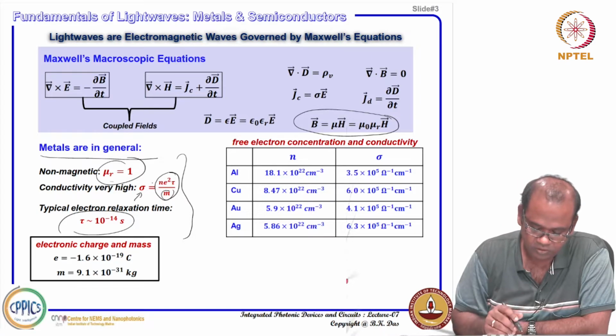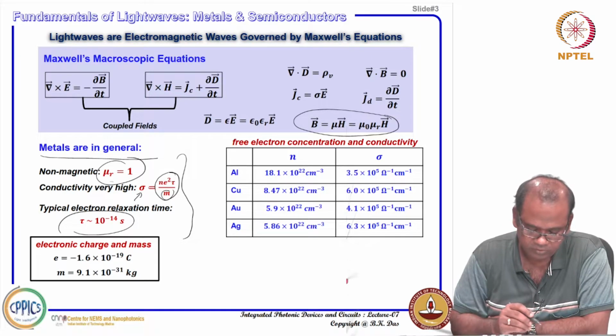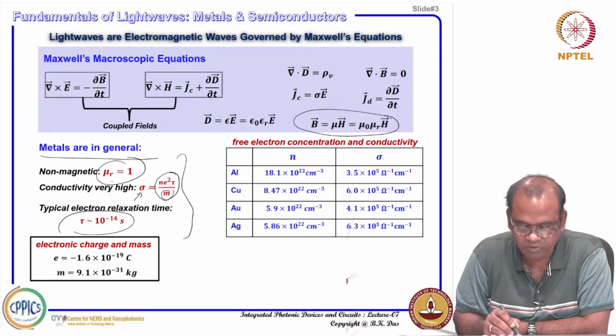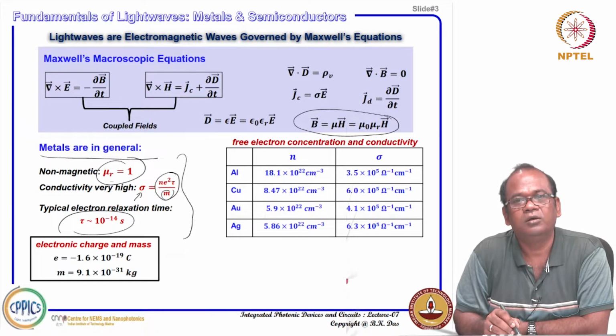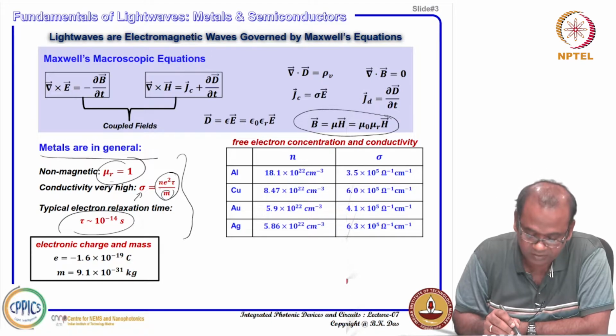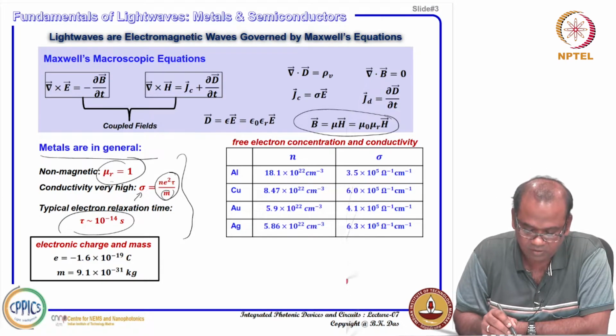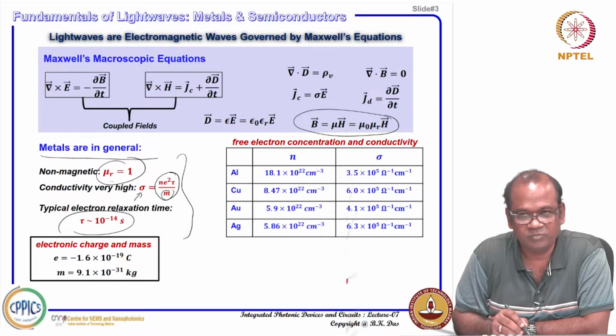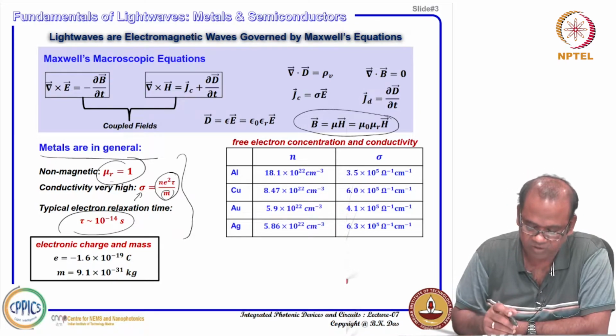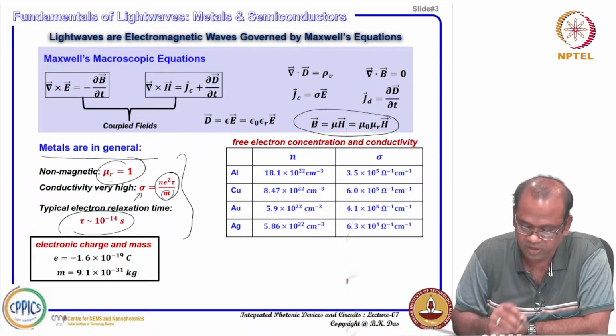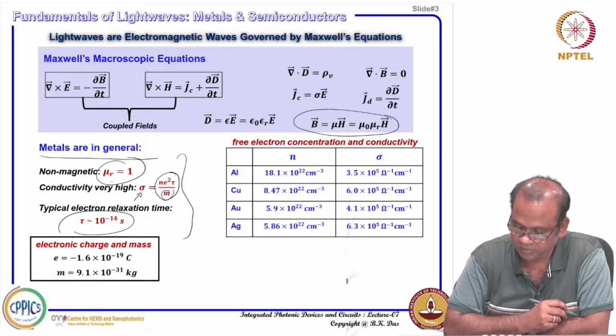Okay. So now we can find the conductivity if we know the density of electrons and also the relaxation time. There are various experimental techniques you can use to find the conductivity.